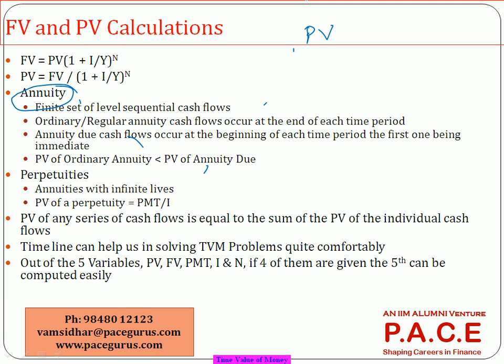Rent on a building, same amount, equal intervals of time for some period. So it's not a one-time payment or one-time receipt. It's a recurring payment. Wherever we have recurring payments at equally spaced intervals of time, we use the concept of annuity.